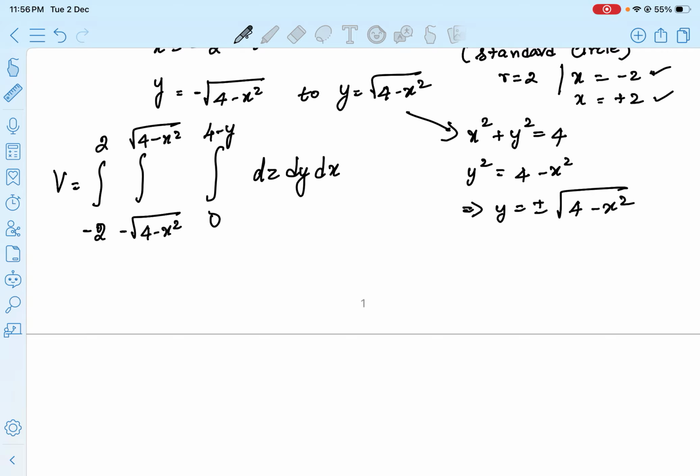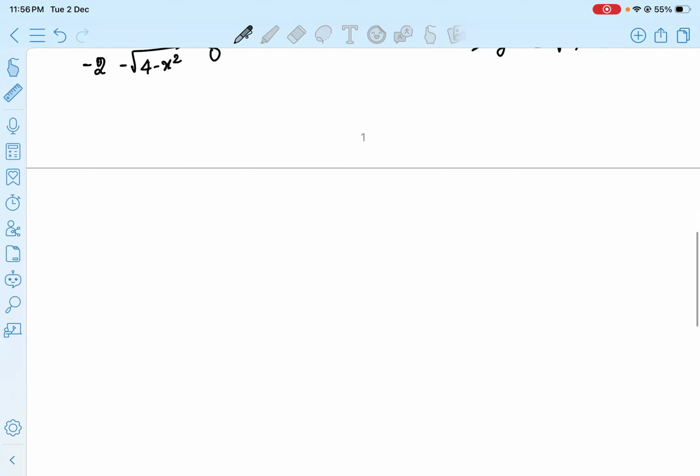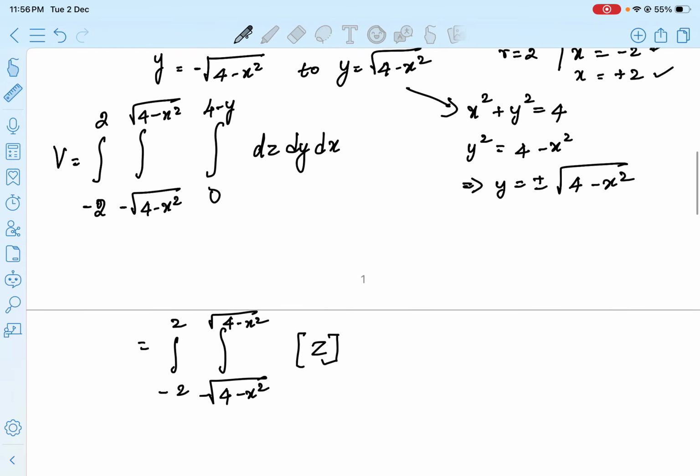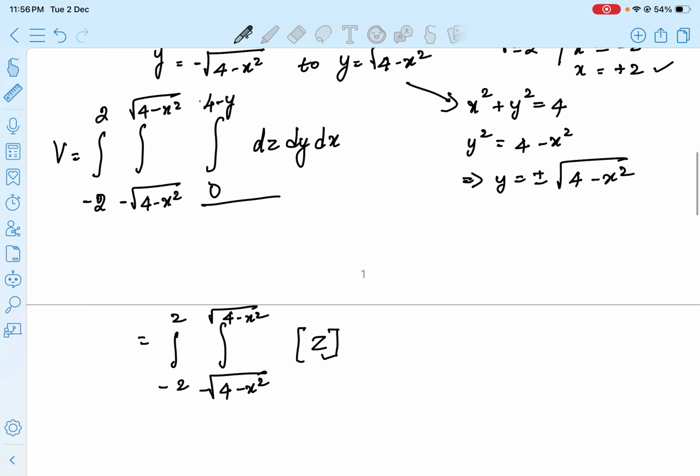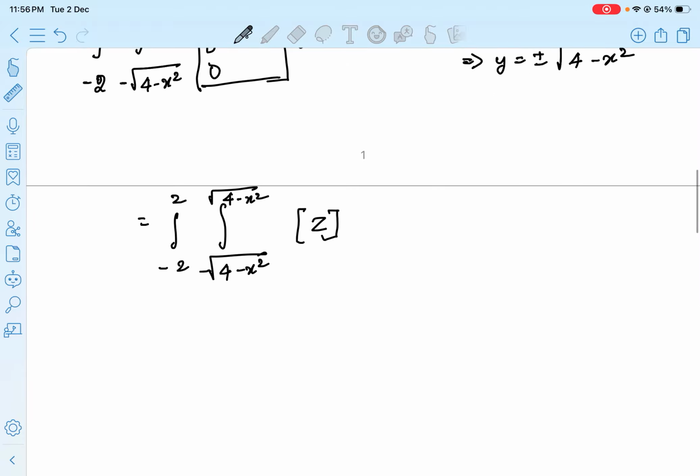Okay, now we are going to find the volume, which is equal to the integral from minus 2 to 2, integral from minus root of 4 minus x square to root of 4 minus x square, of the integral over z. We are integrating this one first. So we don't have any variables, so we can say the integrand is 1.